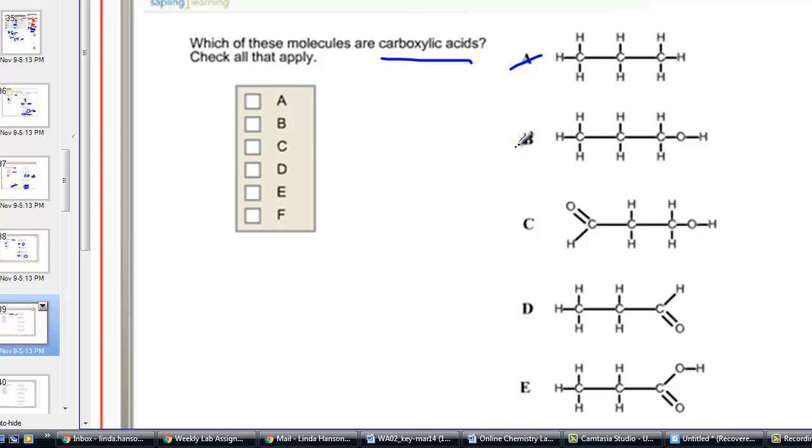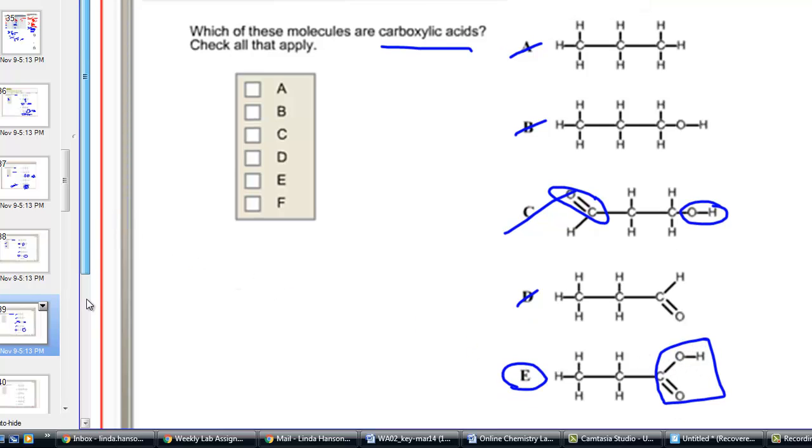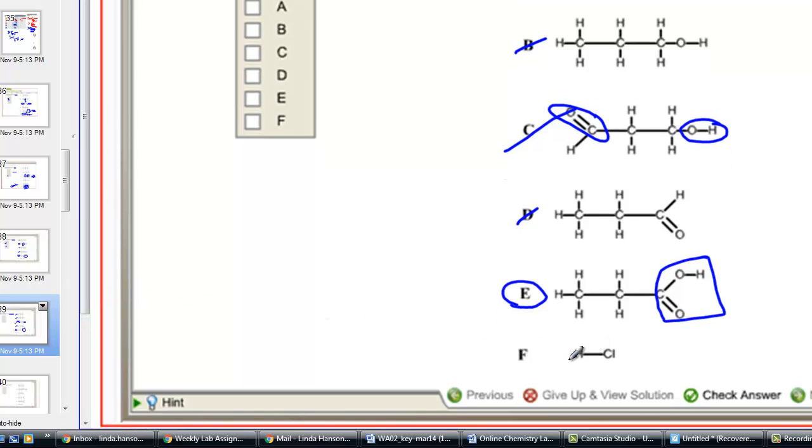There is no C double bond O. Here's a C double bond O, but not next to the OH. Does not meet the criteria. This has a C double bond O, but does not have an OH. And finally, here's one, COOH, C double bond O, directly next to the OH. That's a carboxylic acid. And this has none of the criteria.